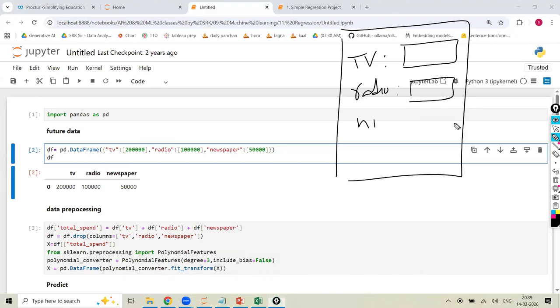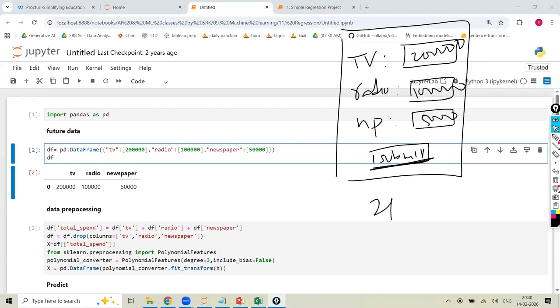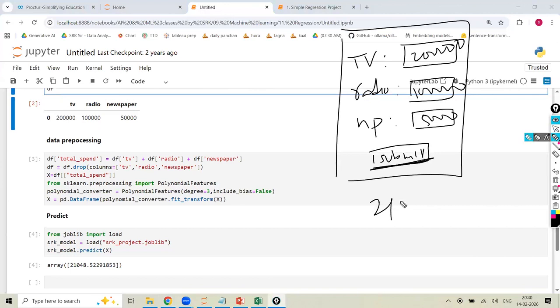Three values they will enter and click on the submit button. Now this person will enter 2 lakhs, 1 lakh, 50,000. And he will simply click on the submit. Now down, you will see the output as 21,048.